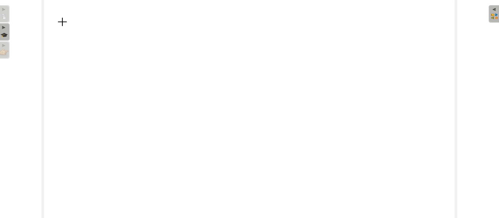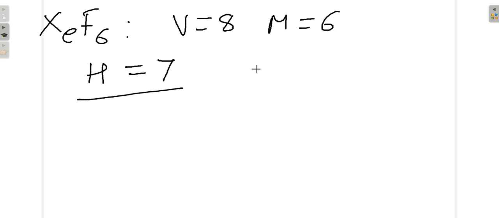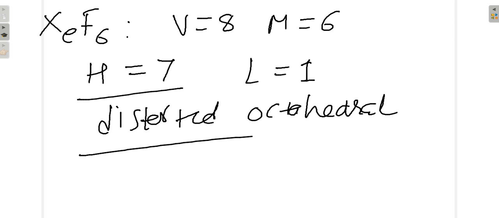Let us consider XeF6. Number of lone pairs will be 1, so it will be not pentagonal bipyramidal, because one lone pair will not be considered in considering the geometry, there will be only 6 attachments, so we can call this distorted octahedral.